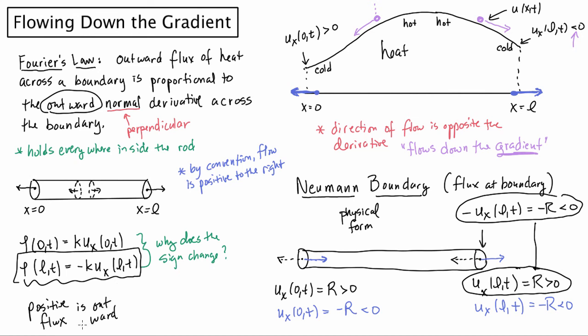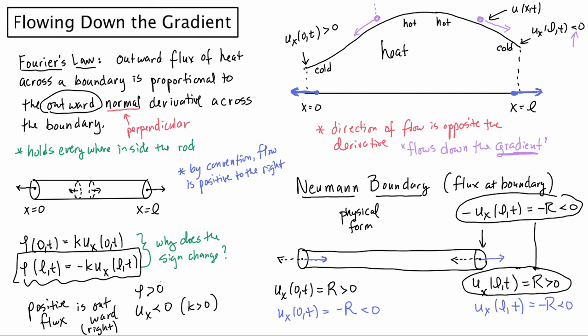So if I want this thing to flow to the right, then I need the gradient to flow to the left. So in order to get phi to be positive, so phi greater than 0 means that u_x here, since k is assumed to be greater than 0, has to be less than 0. And this is because k is greater than 0.